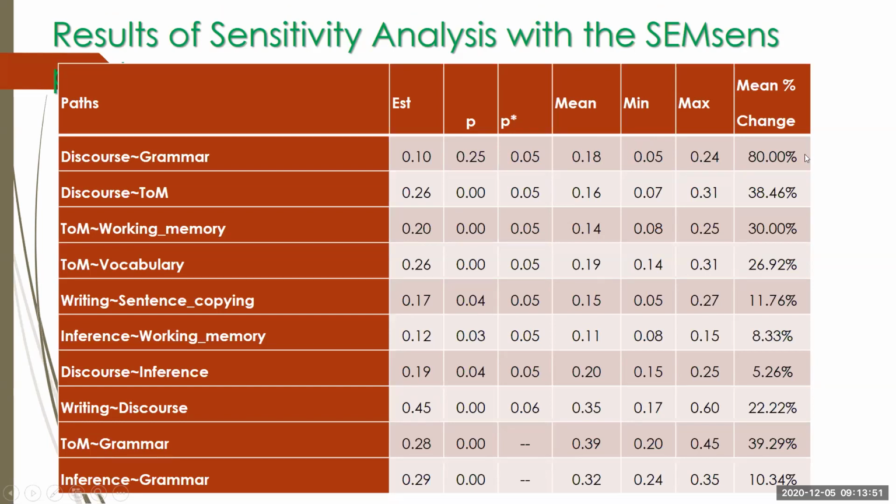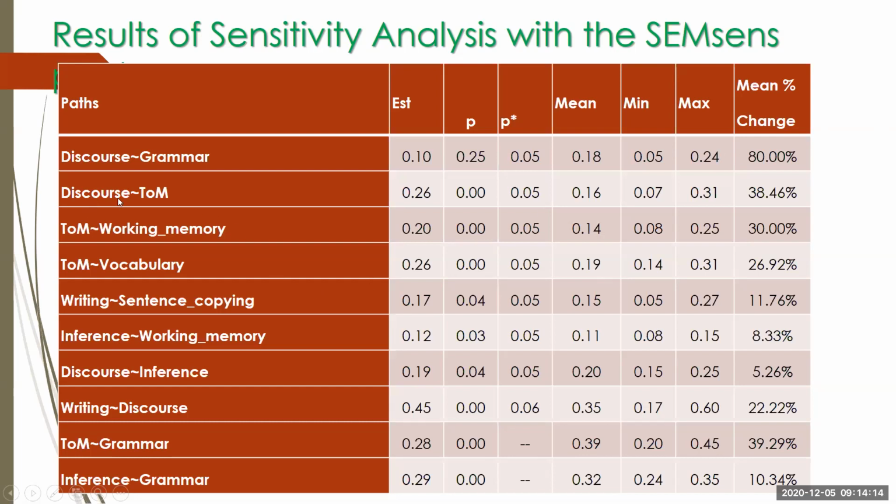That corresponds to an average increase of 80% during the search. So that parameter estimate varied quite a bit during the search. It was very sensitive to the phantom variable, like to the misspecification.